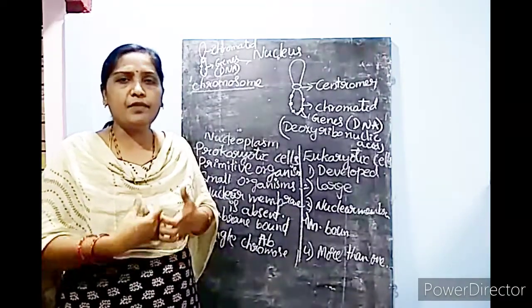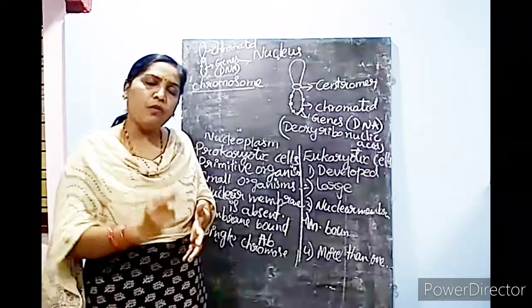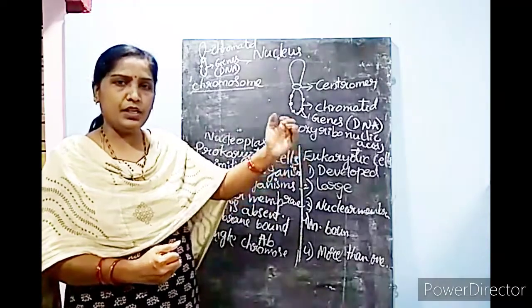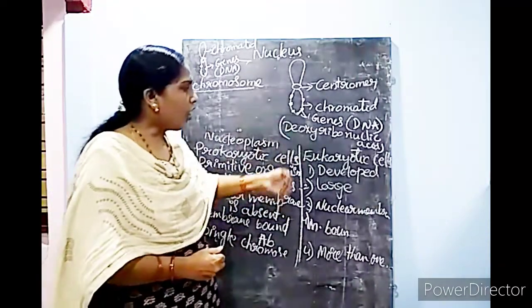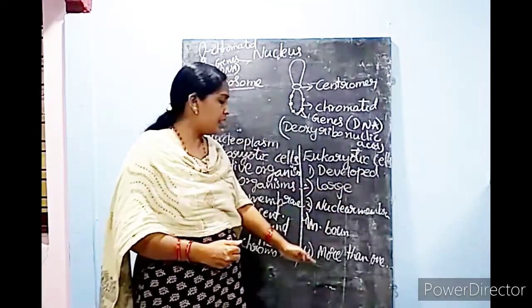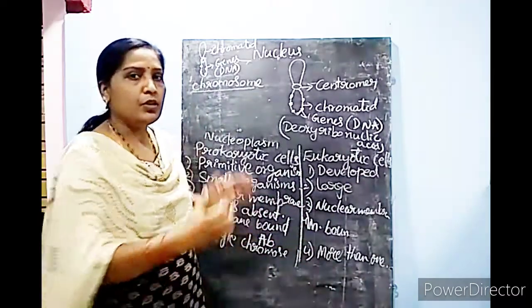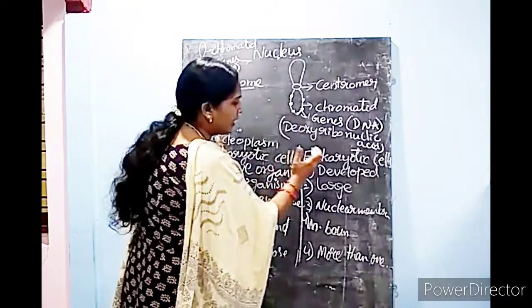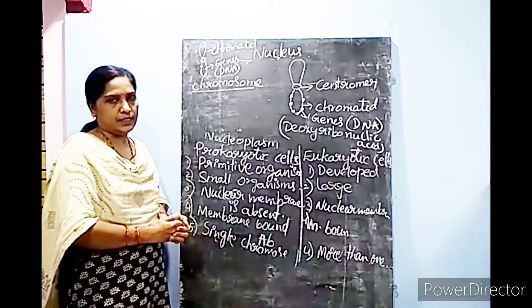As human beings, each cell has 46 chromosomes. In the same way, it is different for each and every organism. But all the eukaryotes have more than one chromosome. So these are the basic differences between prokaryotes and eukaryotic cells.